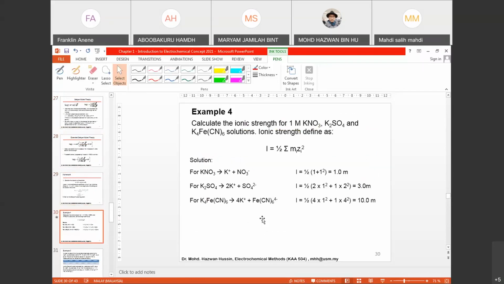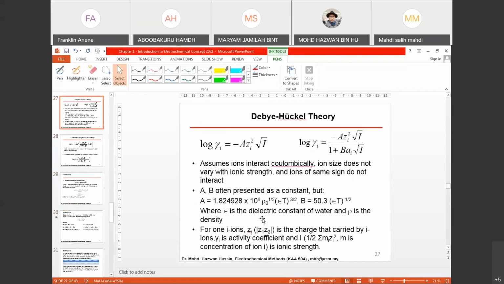Doctor, is this the rule, the previous slide? log gamma is equal to minus A z squared root of I. Is it for one ionic or two ionic?